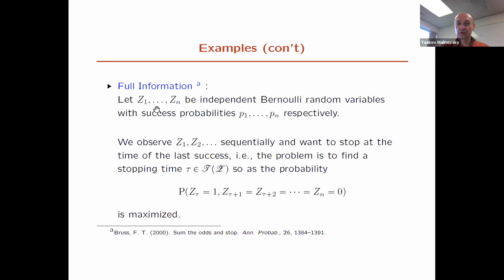Suppose you have Z1 to Zn, independent Bernoulli random variables with success probabilities p1 to pn. You observe Z1 to Zn sequentially, and you would like to stop at the last success.